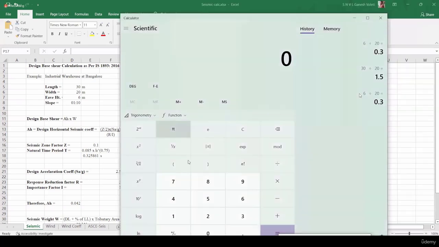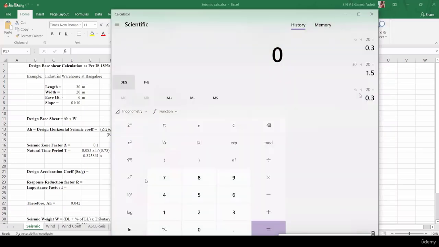Is there anything I can show you here? No, in this calculator it is not possible, I think. There are no symbols. You can use your calculators to calculate this.